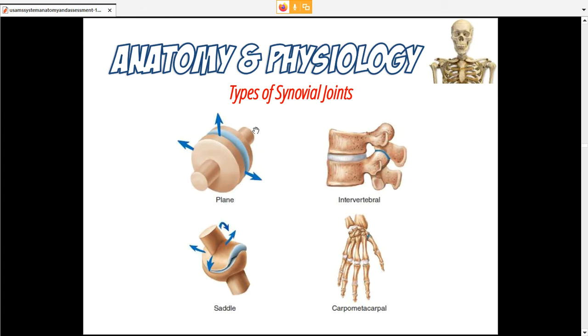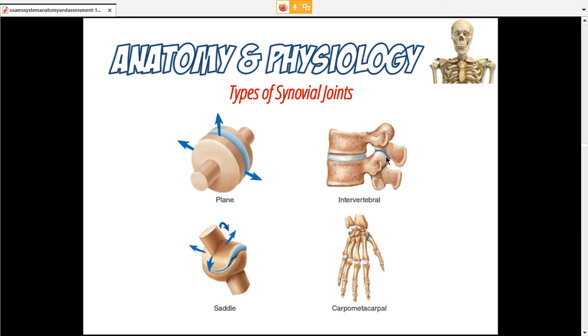Here are the types of synovial joints, which include freely movable joints and slightly movable joints. Slight movement takes place in the intervertebral joint. For the plain joints, the intervertebral disc between two vertebrae and the joint formed between the two vertebrae is a plain synovial joint.